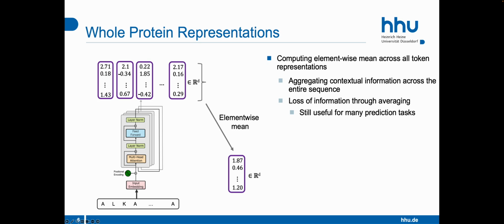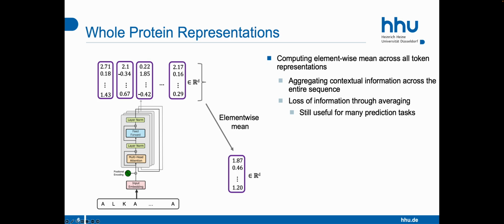However, you still may wonder if this does not result in a loss of information, and indeed, to a certain amount, this averaging does result in loss of information. Specific details about the sequence, such as the exact order of amino acids, local patterns, or the presence of specific motifs and domains, are not explicitly captured in the average representation.